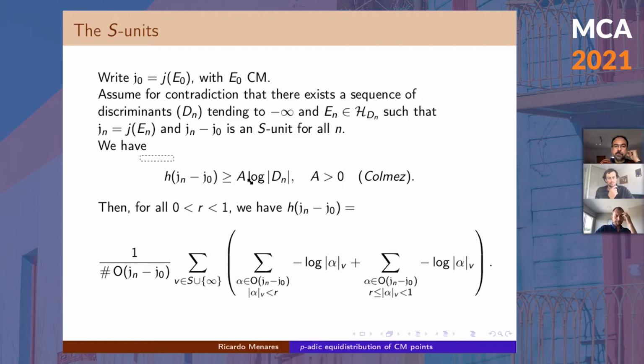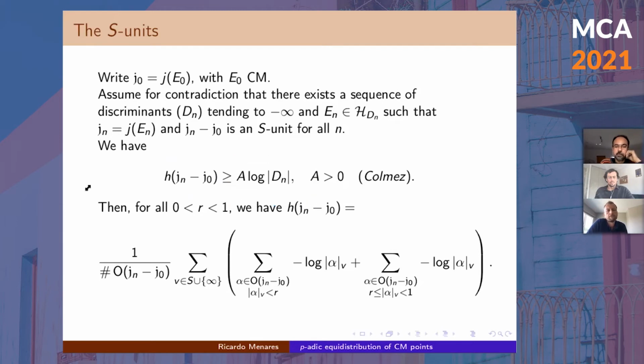The idea will be to use the assumption that you have infinitely many S-units to show an upper bound on this height that contradicts this lower bound.